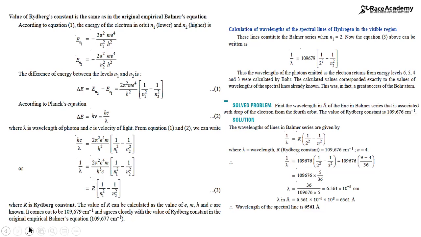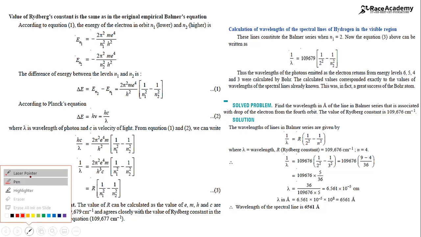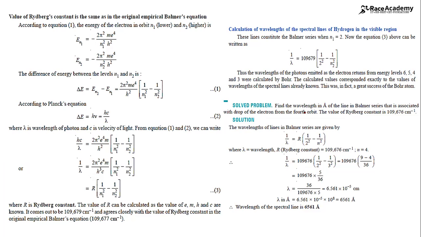Just a minute, this should be n2 value, drop from the 3rd orbit. Okay. So then you will get the LCM of the simplification. We got 6561 is the value for this one. And this wavelength value we got is 6561.